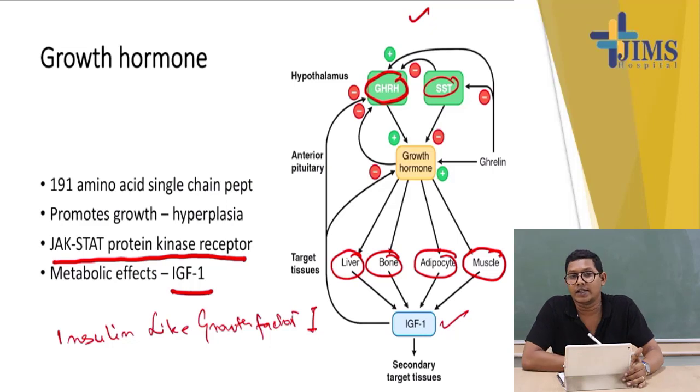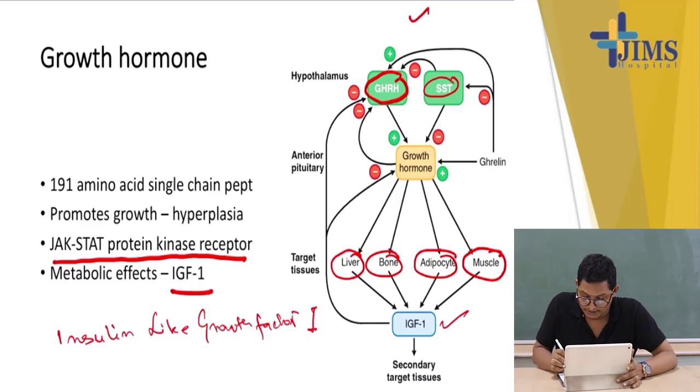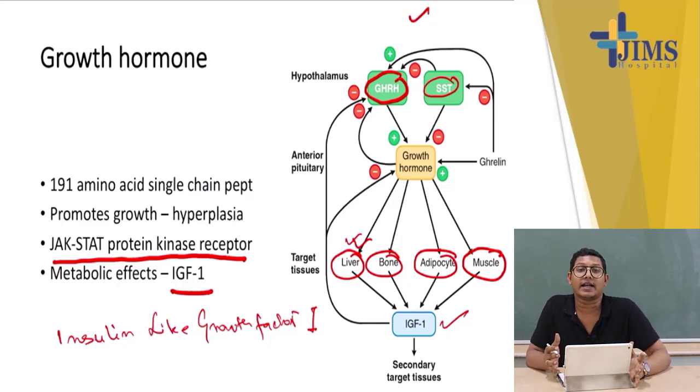Now remember one thing, growth of the brain and eyes is independent of the influence of growth hormone. The liver is the main source of IGF-1. The IGF-1 secreted by the bone, adipose tissue, muscles and other tissues generally acts on them in a paracrine manner.